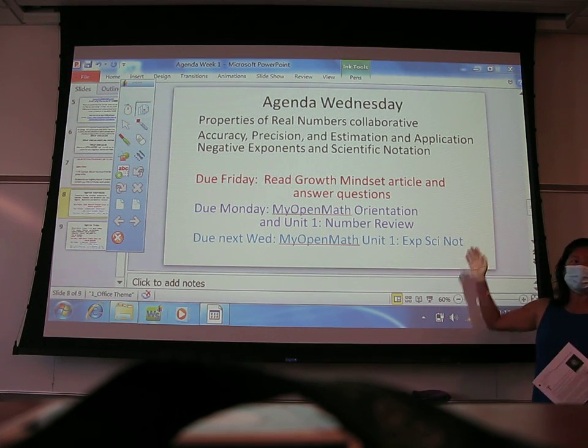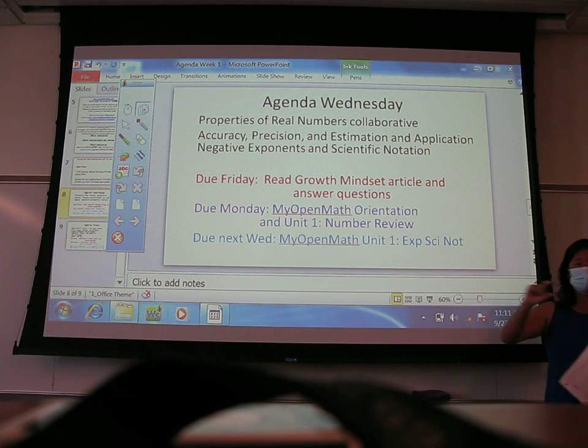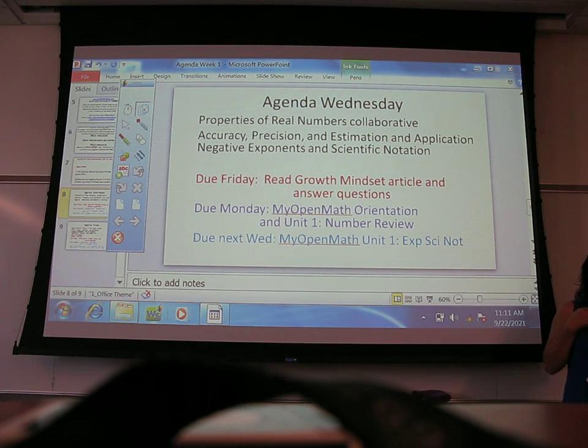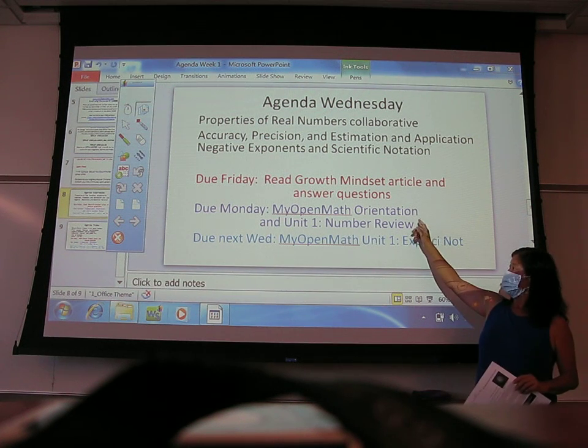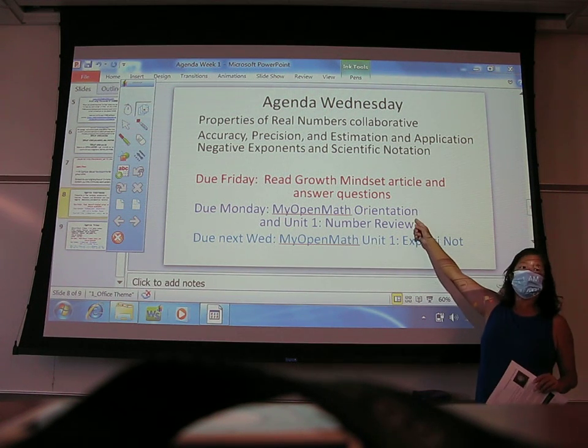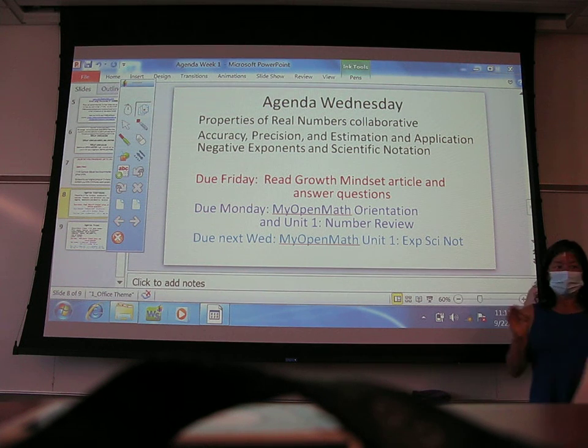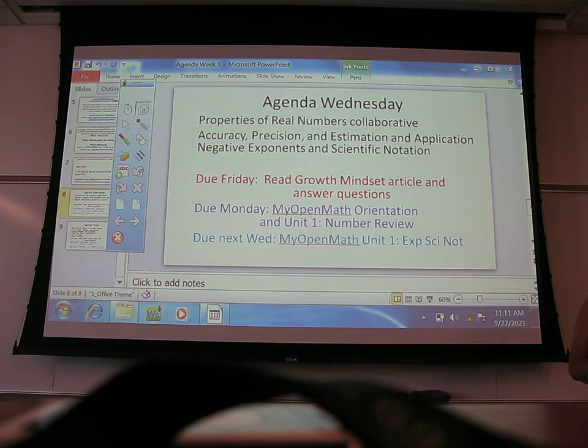Those links are all in there, with the registration code for our course. It's free. The first one is just an orientation assignment, and then the first actual assignment is due. Those are both due on Monday, so make sure you get those done over the weekend.